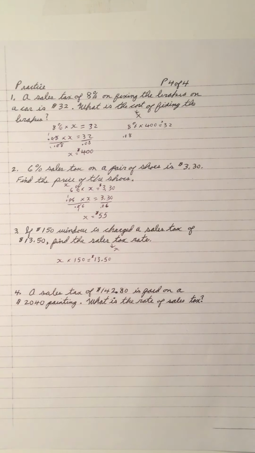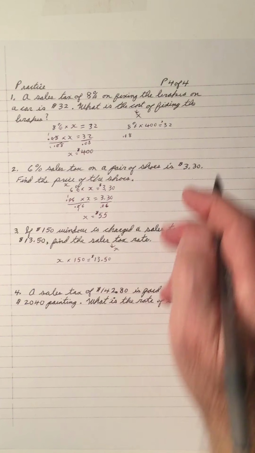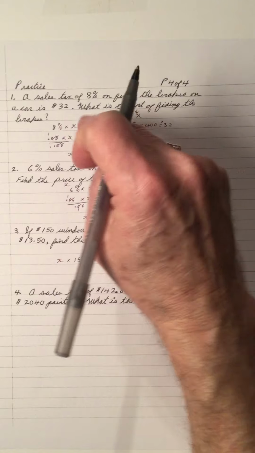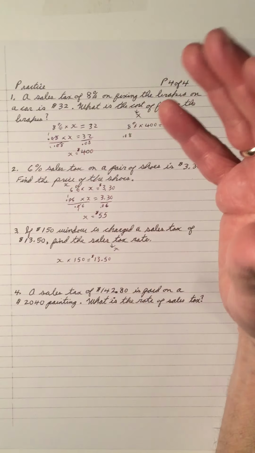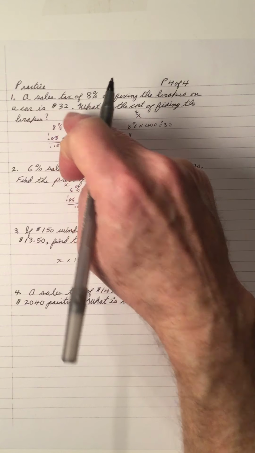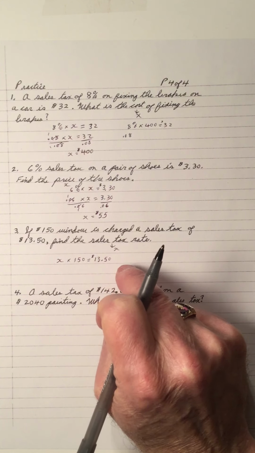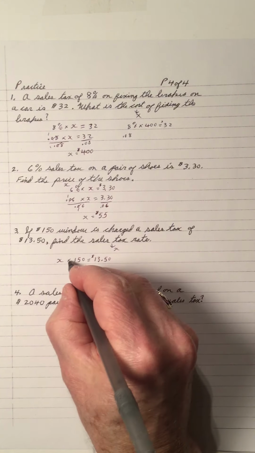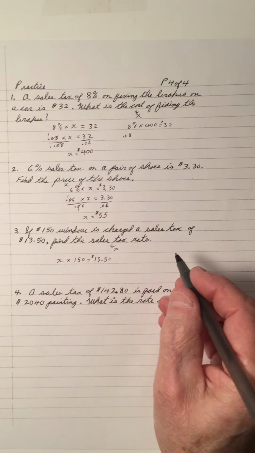Remember, we set up equations before in 3 different types of calculations. The first ones we did was percent of a number. Now we did this one where we're looking for the price, and now we're doing this one looking for the rate of sale, percentage of sale, the sales tax.